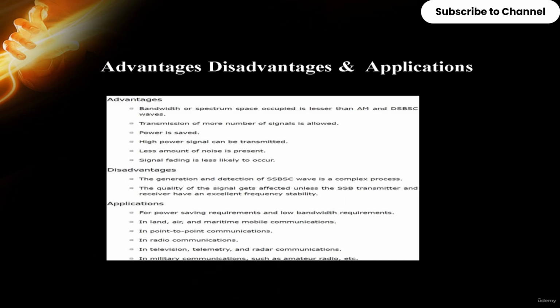What are the advantages and disadvantages? The advantages of using this modulation are that the bandwidth or spectrum space occupied is less than AM, more signals are allowed for transmission, power is saved, and high power signals can be transmitted.